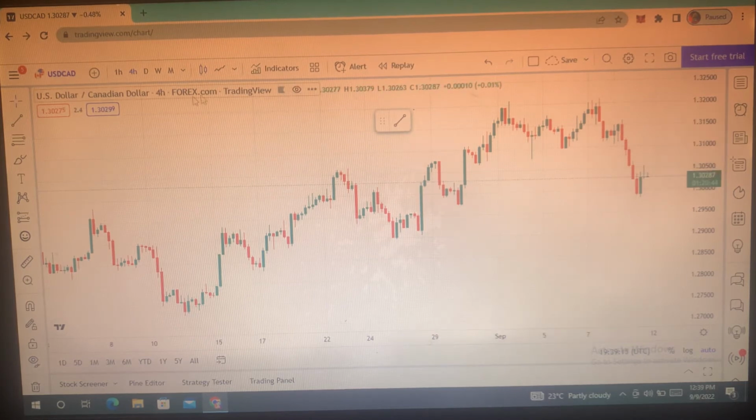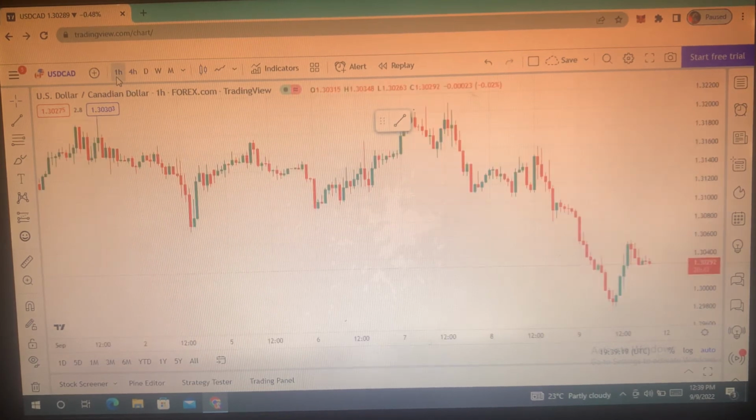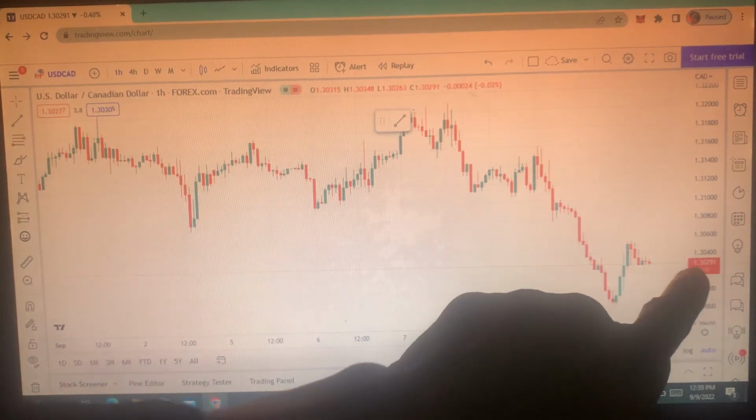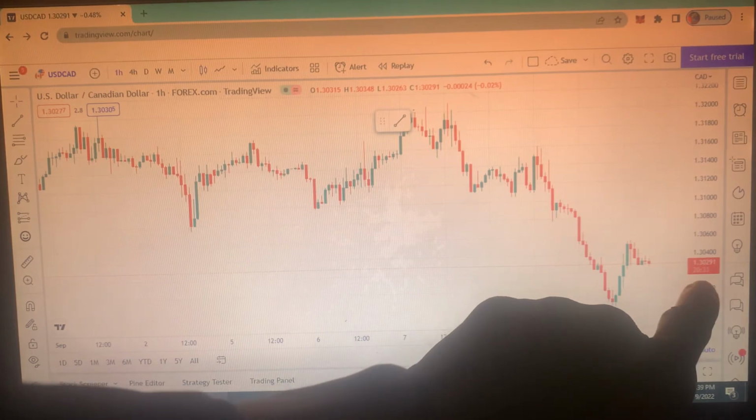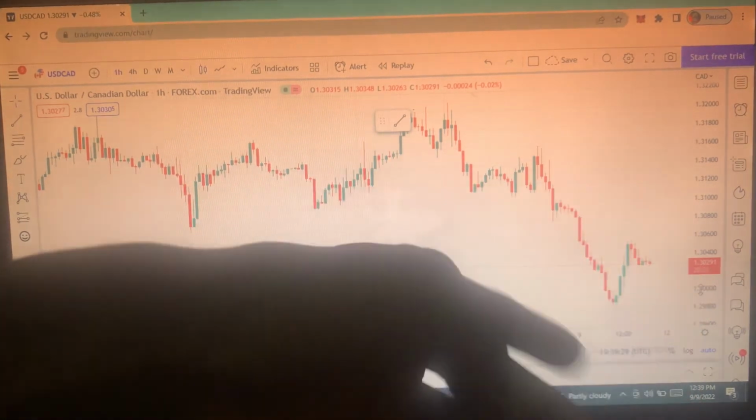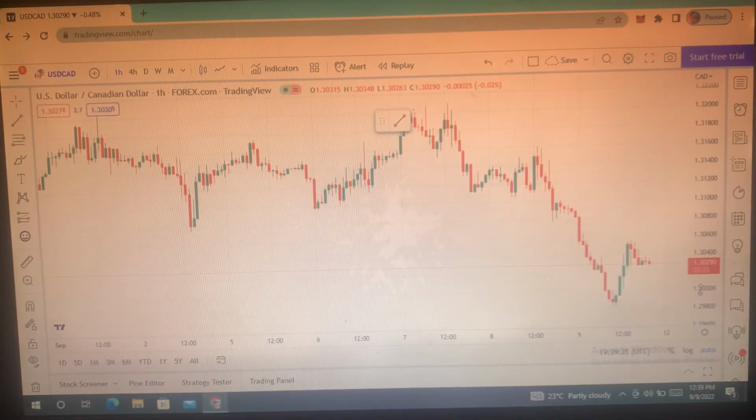These are 4-hour candles. Then we have a 1-hour candle. Each candle represents 1 hour. So in the next 20 minutes, this is the time, this is the price. You can see 20 minutes 33 seconds. You can see the time reading. So it's current action, what is really happening. This is real life, not just one candlestick.